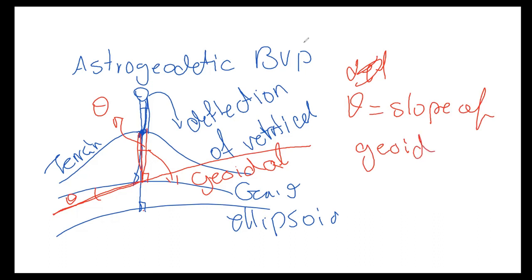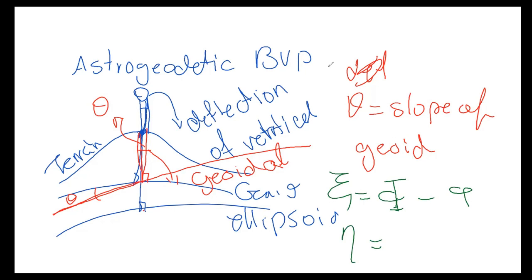So how do we measure it? Using astronomical data. We go and measure the astronomical latitude, and we have the geodetic latitude at the surface. Then we can compute the north-south component of that.